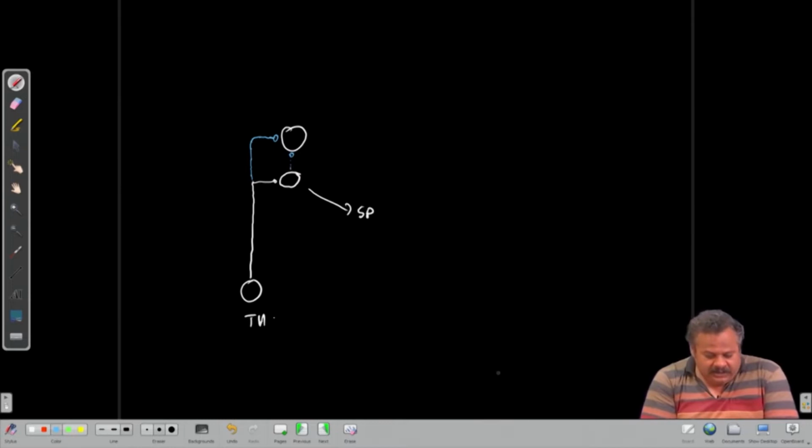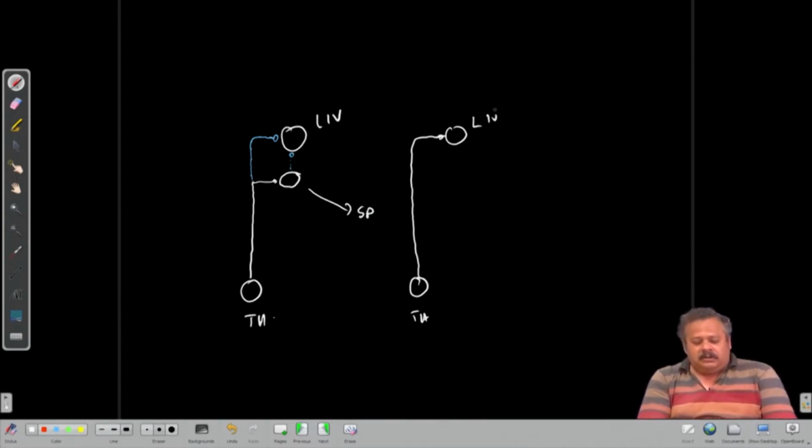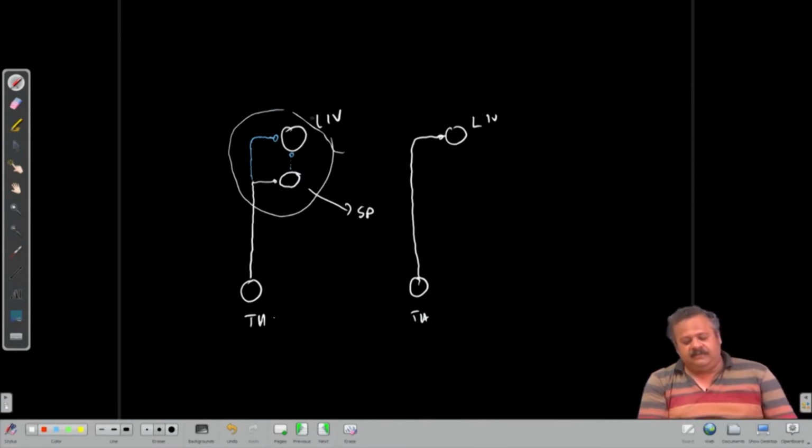And then finally it becomes what we have discussed: the thalamus directly to layer 4. How is this achieved?